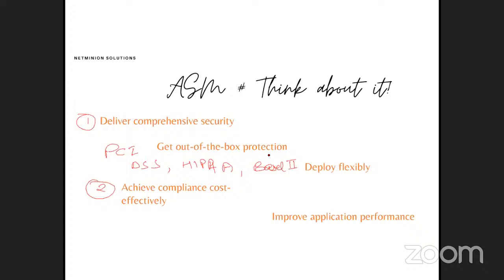ASM is available across the entire family of your F5 platforms. It can be used on the virtual edition, on the physical appliance, and if you have the VIPRION chassis in your environment, you can provision the ASM there also. So ASM is not only providing these kinds of security features, but it is also very significant for performance advantages, like SSL offloading, which your F5 LTM used to do, caching, compression, TCP optimization, and a lot more.